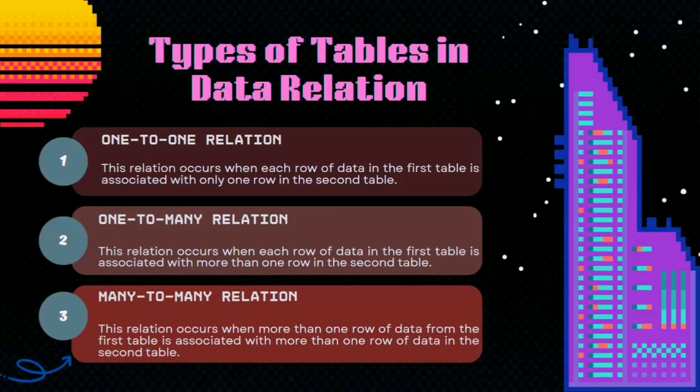This relation occurs when each row of data in the first table is associated with more than one row in the second table. The last one is many-to-many relation. What is many-to-many relation? This relation occurs when more than one row of data from the first table is associated with more than one row of data in the second table.